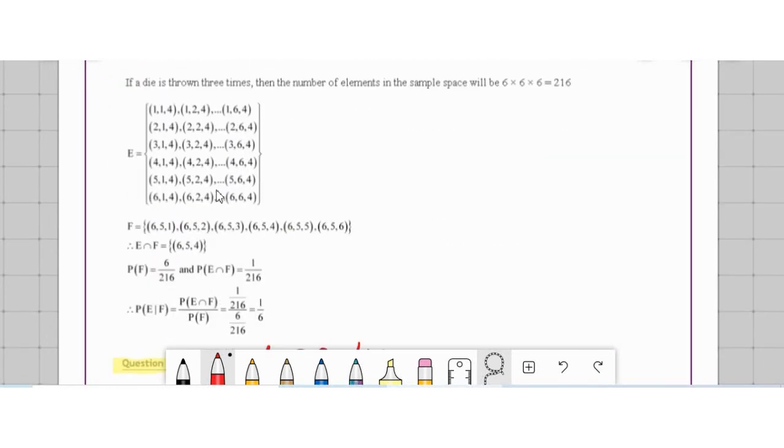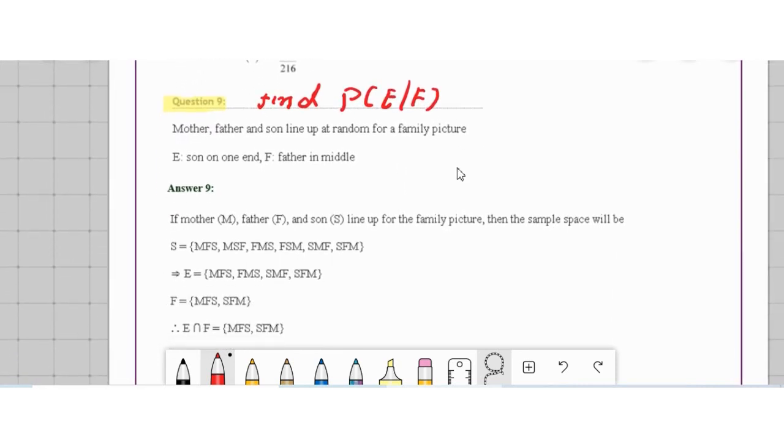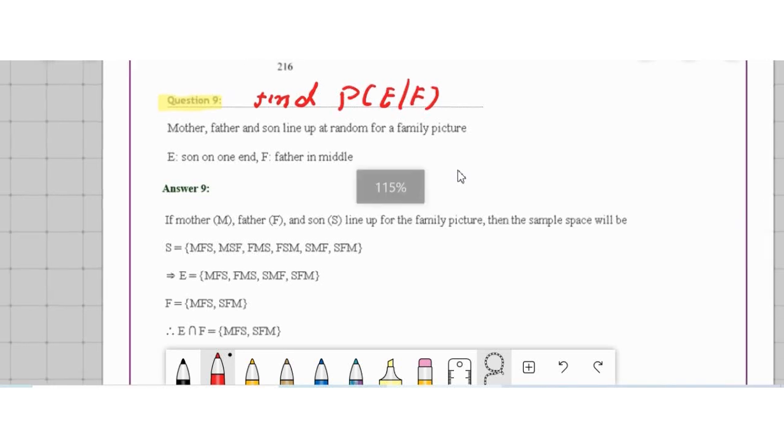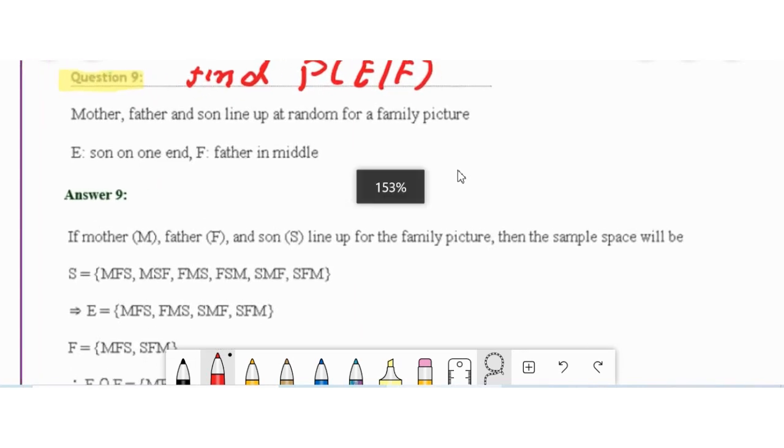Okay, now going ahead to question number 9. Once again find out E by F. Alright, this is a very interesting question. Mother, father and son line up at random for a family picture.